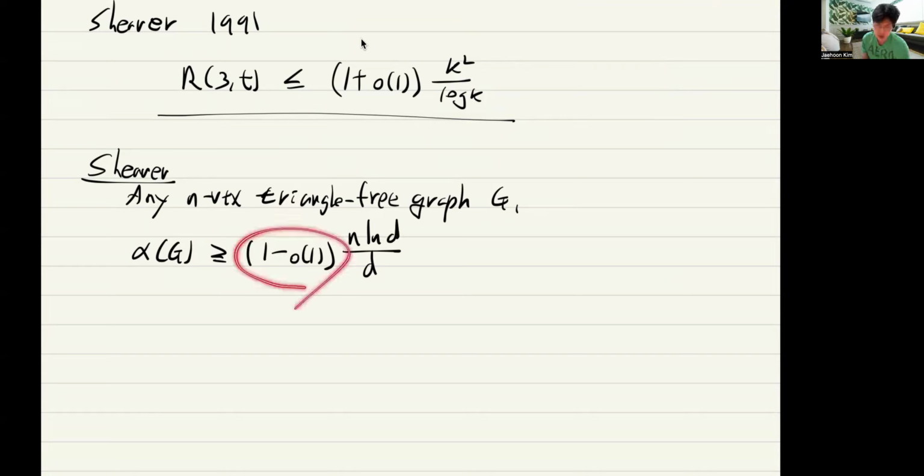And essentially the constant in front of there is 1 minus o(1).